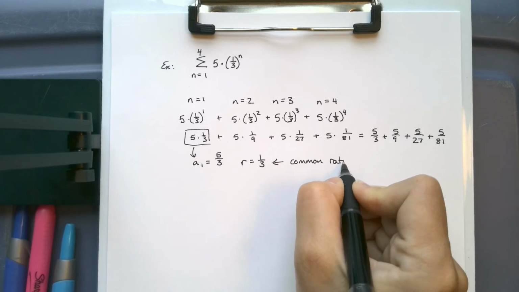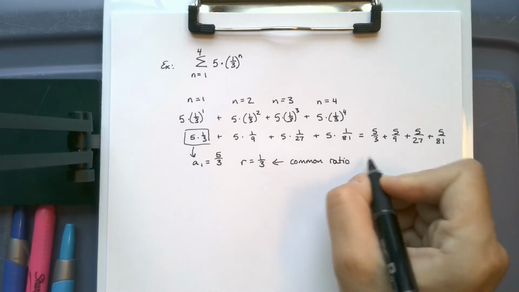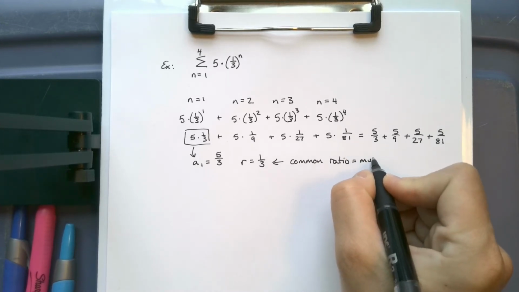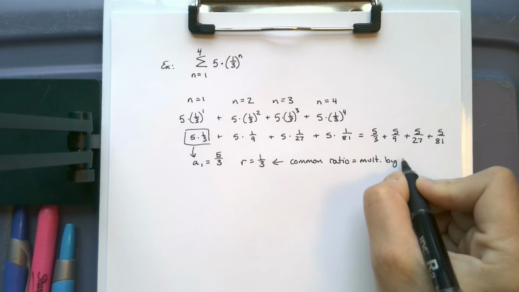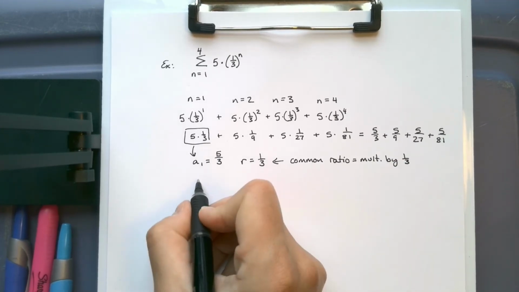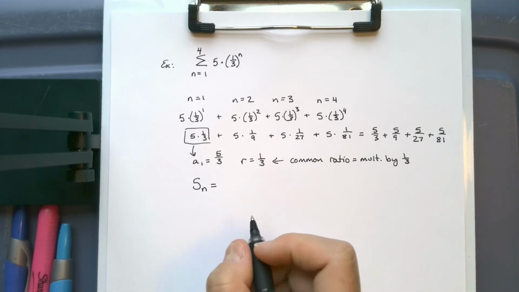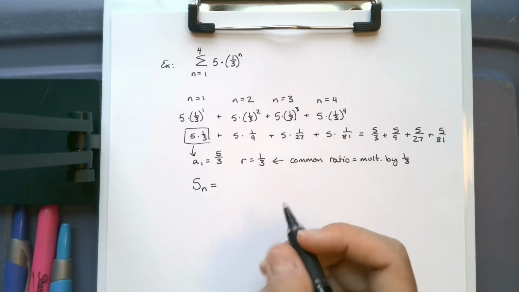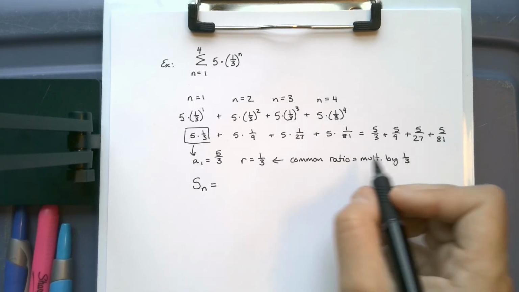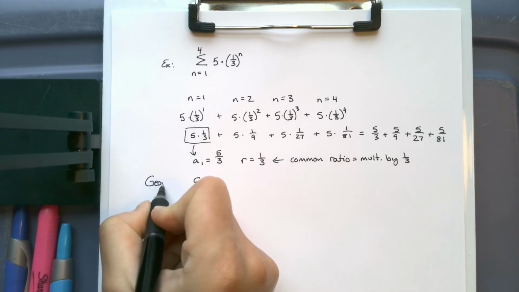ratio, the piece that is changing in between each term. Our common ratio in this case is multiplying by 1/3. And you can use these two pieces to fill out the sum formula for geometric series. Because we're multiplying, that sets us into a geometric situation.